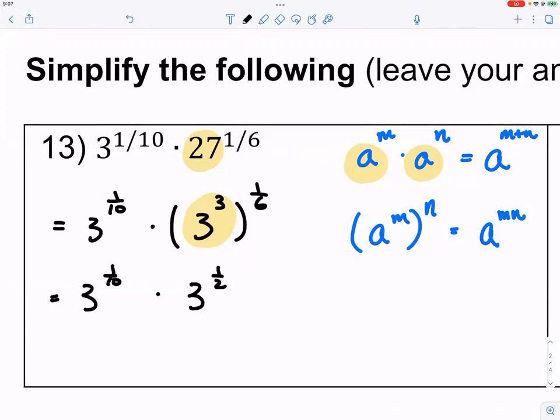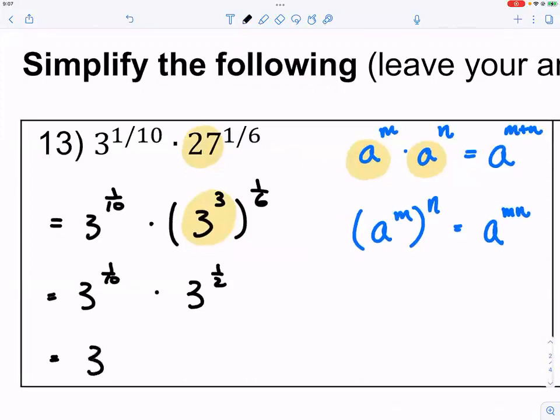But right now, the reason why I spent the first 20 minutes going through all those simple exponent rules is because you need them. So now you have 1/10 plus 1/2 in the exponent. How do you add 1/10 and 1/2 together? I'm going to let you finish it.